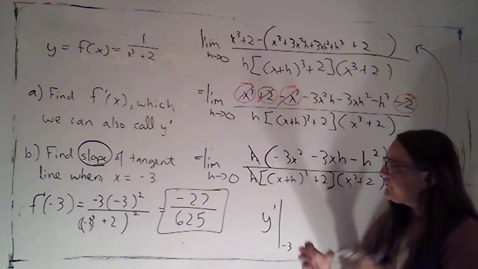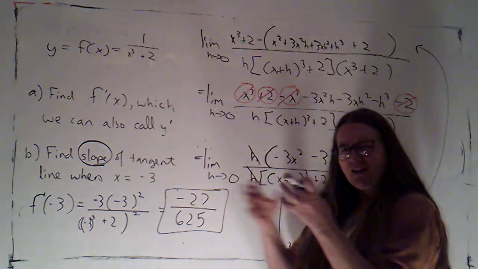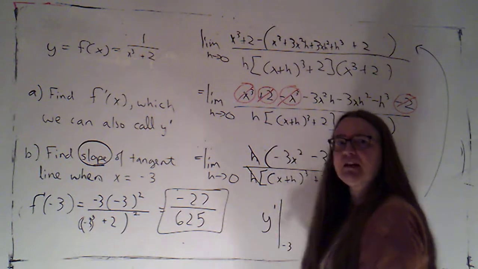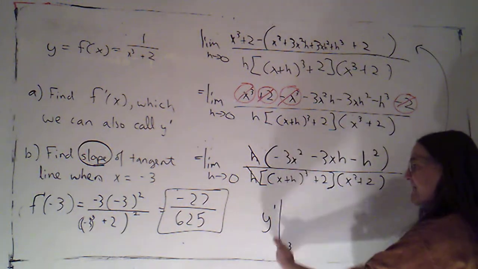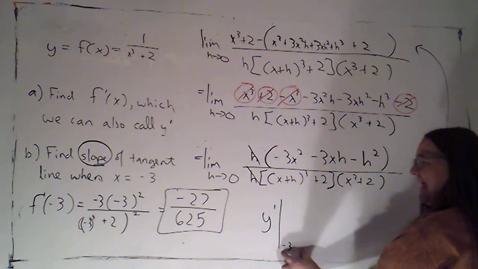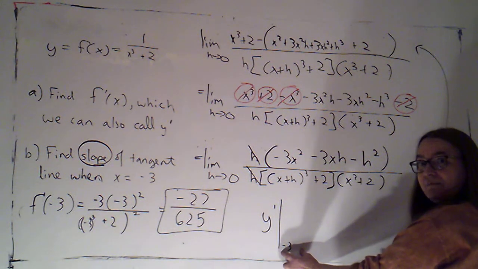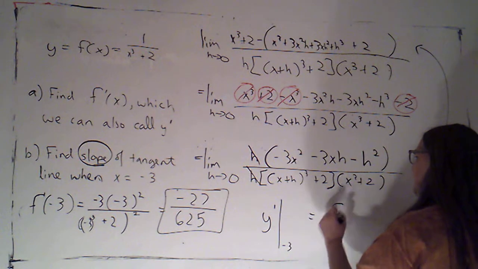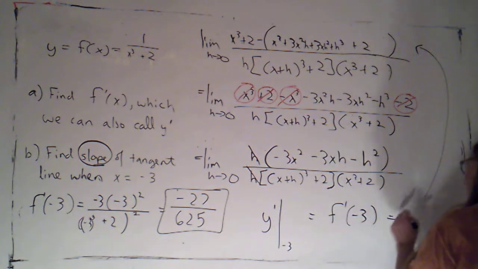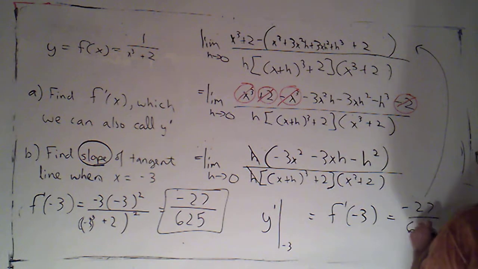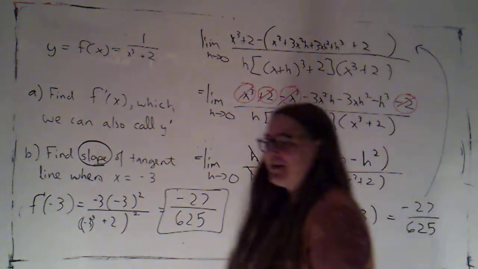So when you've got a function, and its name doesn't just come with a place for the input, you can write the name of the function evaluated at, and then the input that you're going to plug in. That's the same as f prime of negative 3, which we just determined is negative 27/625.